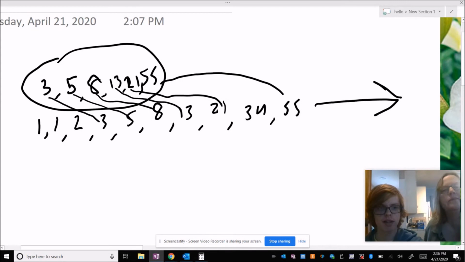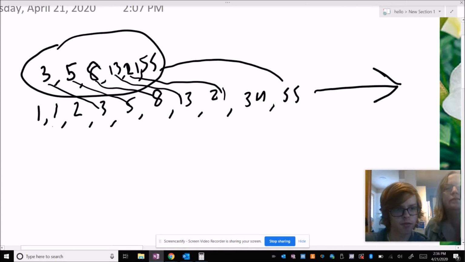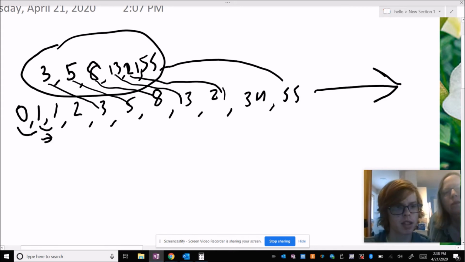The pattern for this is it adds the two numbers. So we actually start with 0 here. We add 0 plus 1 equals 1. As we were counting together, we were adding together the last two numbers in the sequence.